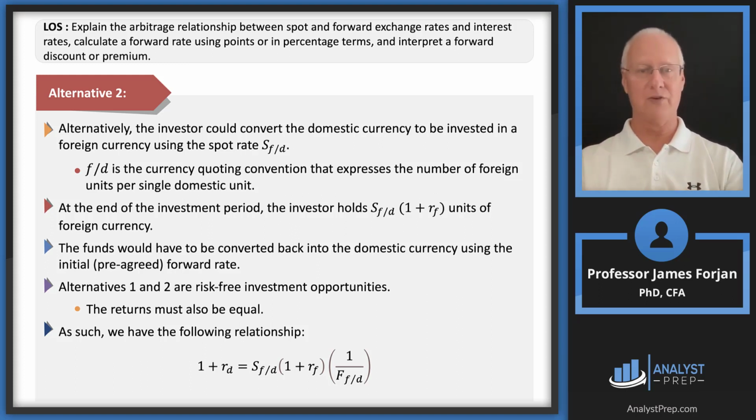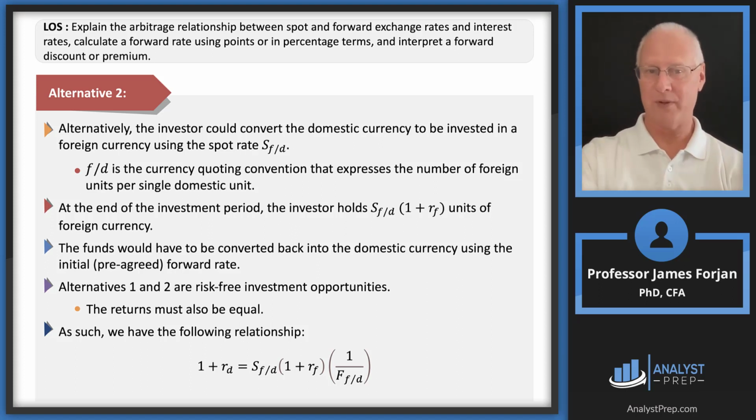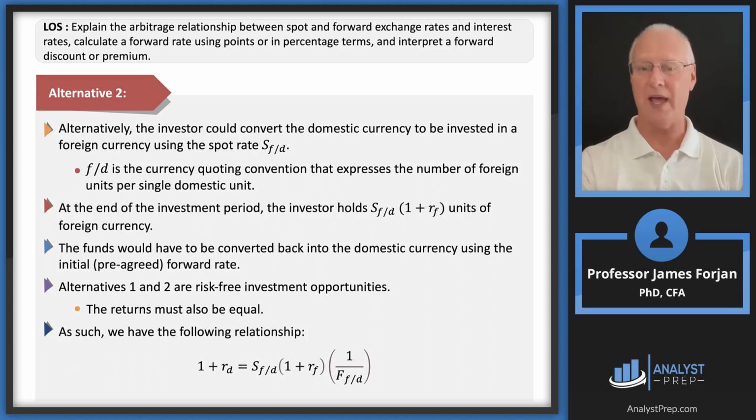I took my $100 and I exchanged those for 100 Canadian dollars. So that's the S. F sub D, and the F is foreign, so the domestic currency is the base currency. I multiply that by 1 plus the interest rate in Canada. Remember in my example, that was 20%, right? But then I convert it back at that forward rate. So we take the reciprocal because we're in Canadian dollars and we need to convert back to US dollars.